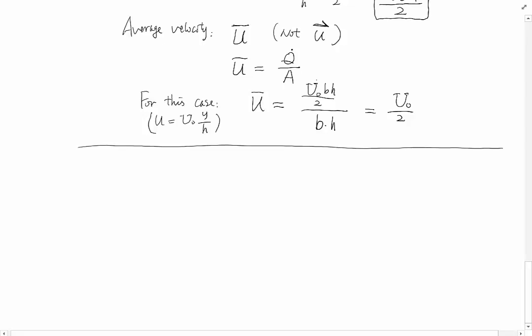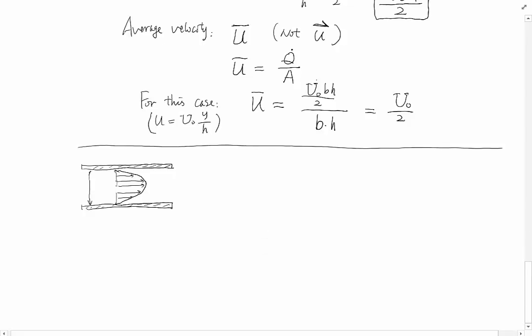Now let's look at a slightly different case. In this case, we still have a pair of parallel plates, but in this case, the flow is in a way that it is parabolic. Okay.